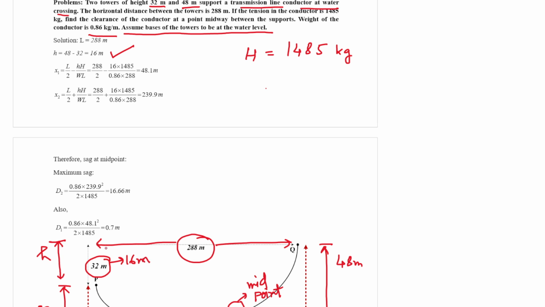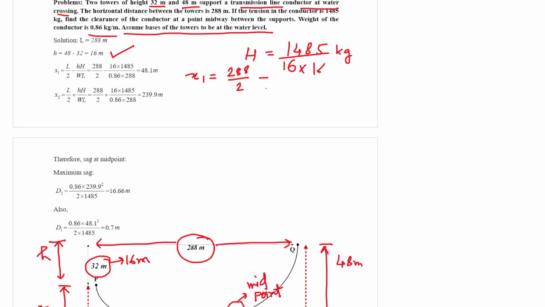Now from the formula, x1 is given by L by 2 minus h into H divided by WL. What is L? L is 288, so 288 by 2. Small h is nothing but this height, sorry, not 32, it is 16. Capital H is 1485.